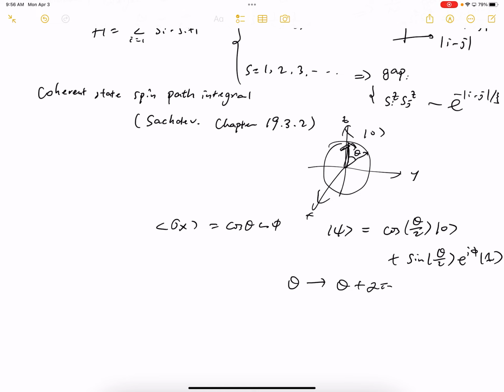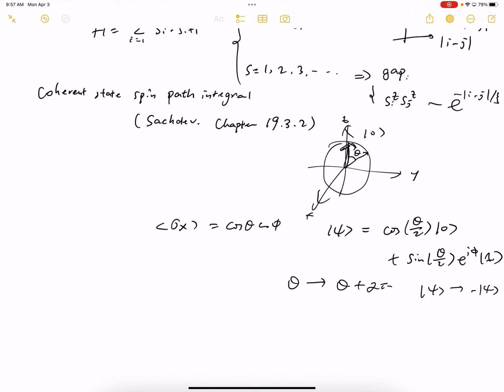So it has to be theta over 2. I was always wondering why there's a factor of 2. Mathematically it makes sense. But it turns out that one of the most important things is that theta over 2 makes it so that if you rotate this by 2 pi, you get a minus sign, because you get a cosine pi and a sine pi. It's a negative one by a trigonometric identity: sine of x plus pi is equal to minus sine of x, and similarly for cosine. So you get the negative one. The psi actually goes to the negative of psi.